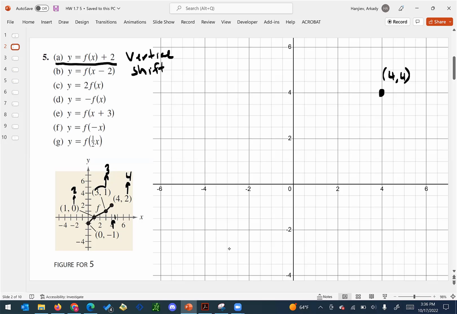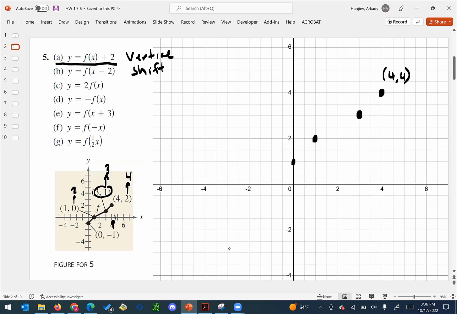So 3, 1 gets shifted up 2 units. So the 3 is here. This is my original one, so it's going to go up 2. There's my next one. And then this becomes 1, 2. And this is 0, -1, so it goes up to 0, 1.